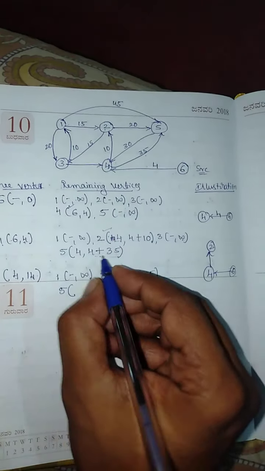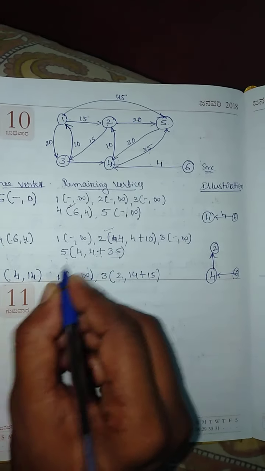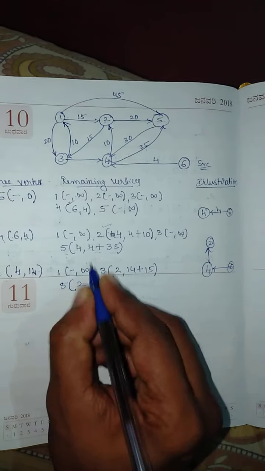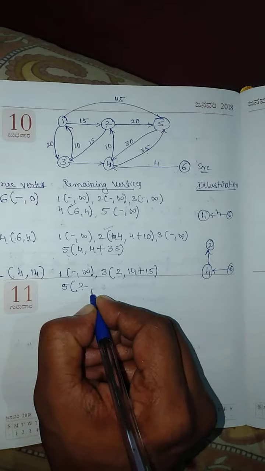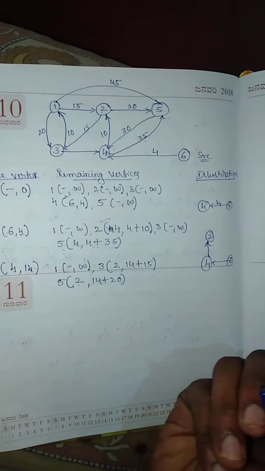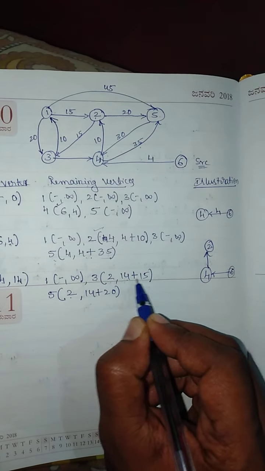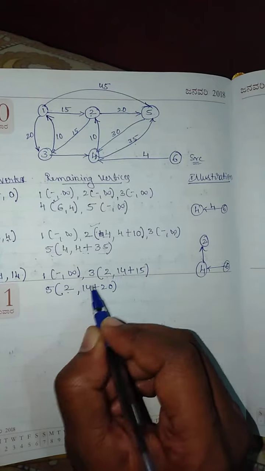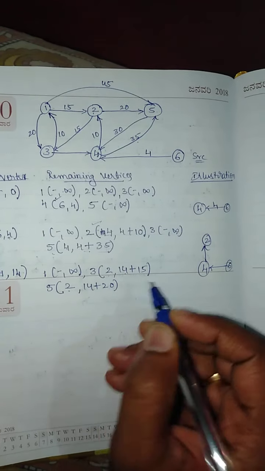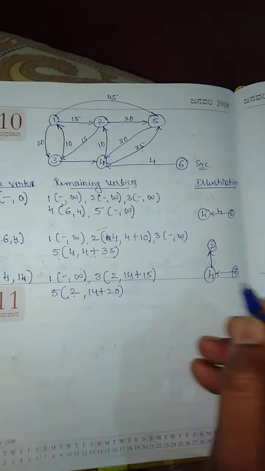Therefore we will update 5. So 5 is now reachable via 2, not from 4, with a new cost of 14 plus 20. Then this is 29 and this is 34, which is lesser? 29. So I will consider this edge, that is 2 to 3.